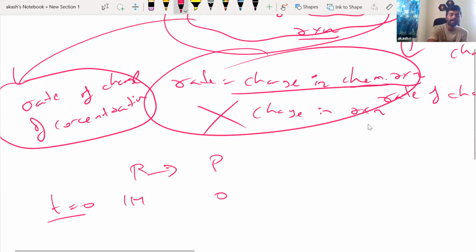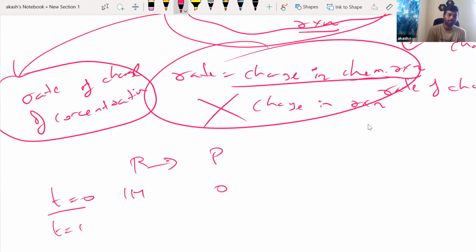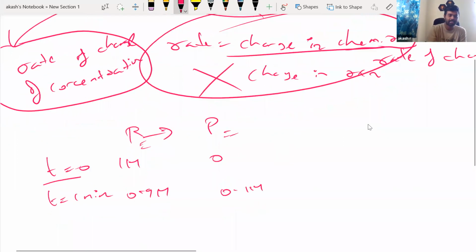Now, at t equal to 1 minute, what would have happened? Some of the reactant would have reacted and gone to the product side. Say out of this only 0.9 is remaining, and here I got 0.1 M. Say like this, like this, like this.